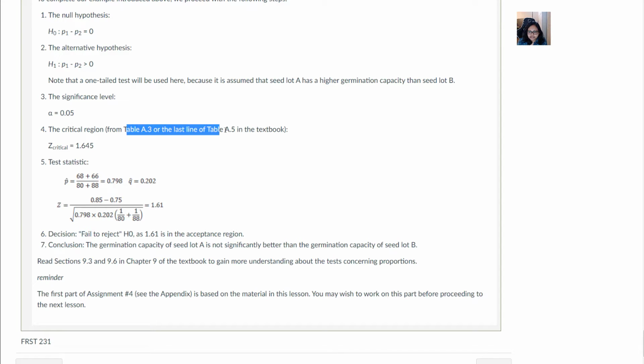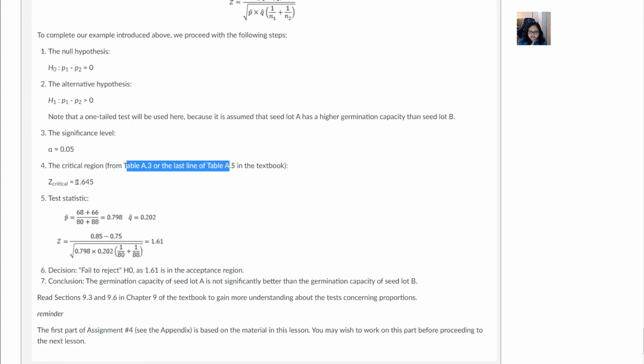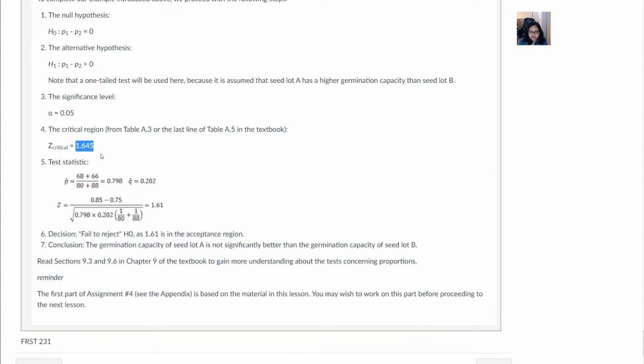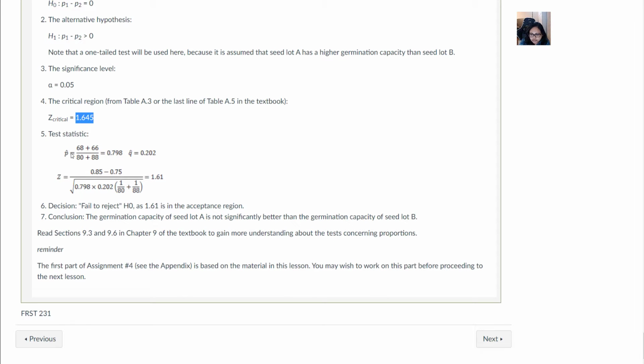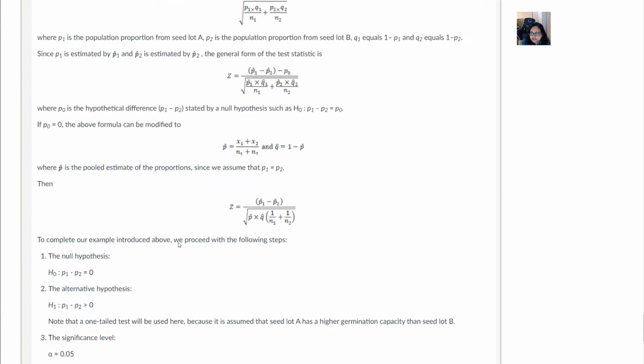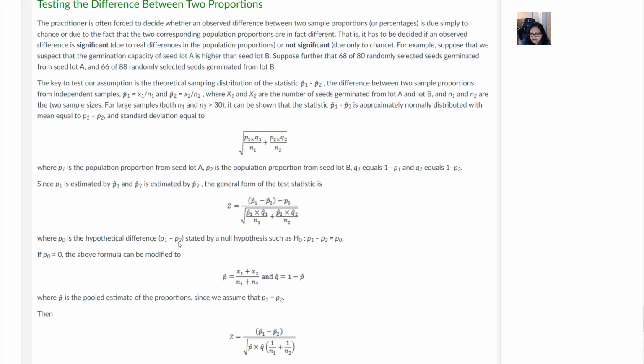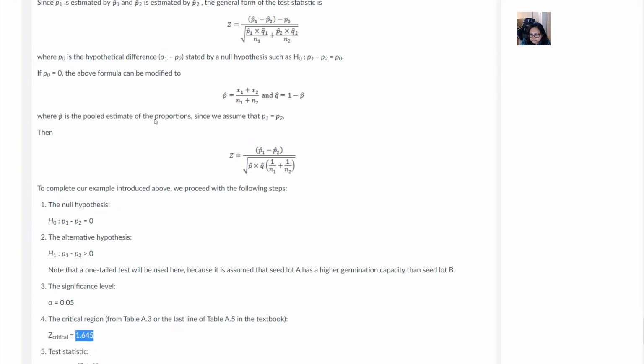If you go to the z table, you will see that the z value is 1.645, and that value is for 0.95. From the Z, we have to use the proportions mentioned in the question.